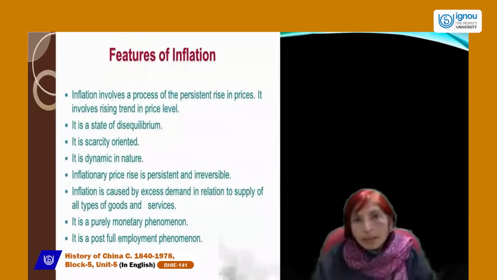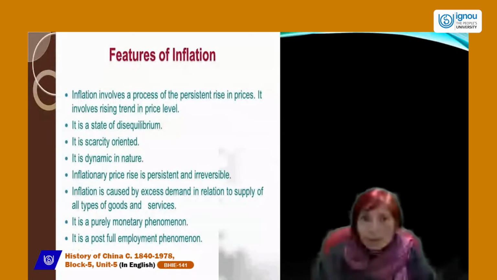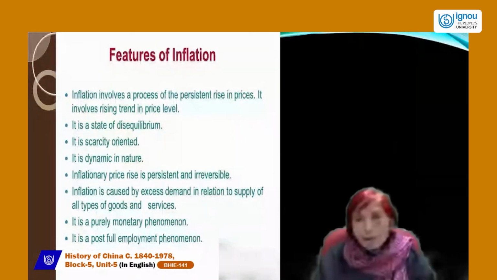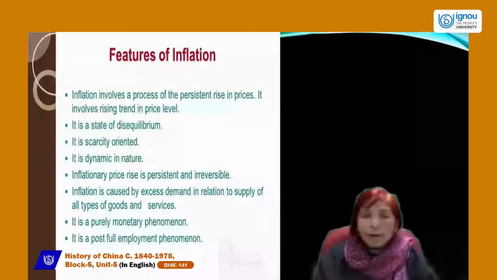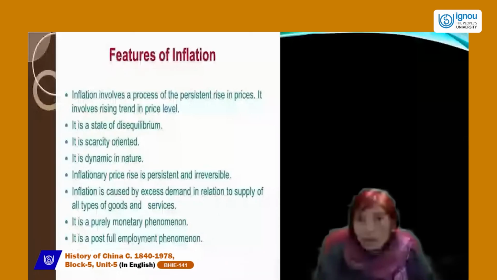According to J.M. Keynes, or John Maynard Keynes, when money supply increases, in the beginning the rate of interest will fall. When the rate of interest falls, investors are encouraged to take more loans from banks and financial institutions. When investment increases, obviously production will also rise and employment will be generated. This process will continue until the full employment level is achieved.